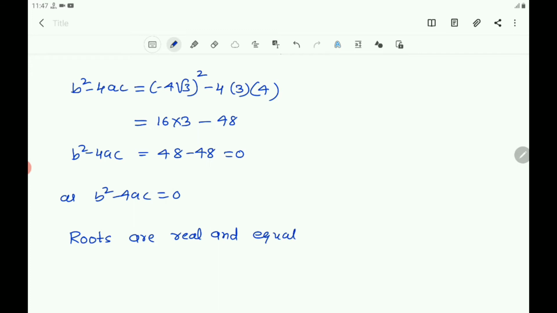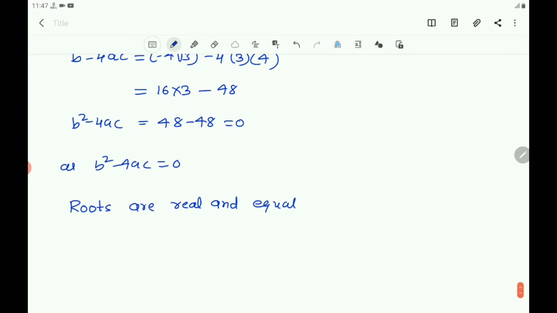If b² − 4ac is equal to 0, the roots are −b/2a and −b/2a. So write: roots are −b/2a and −b/2a.